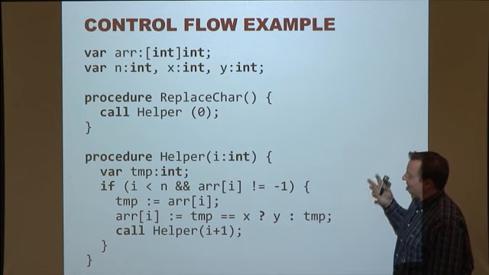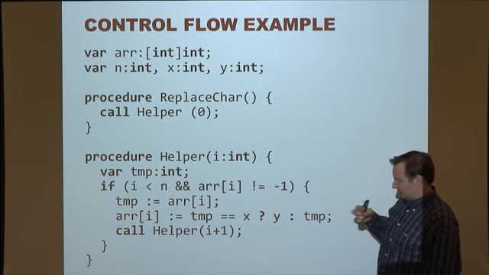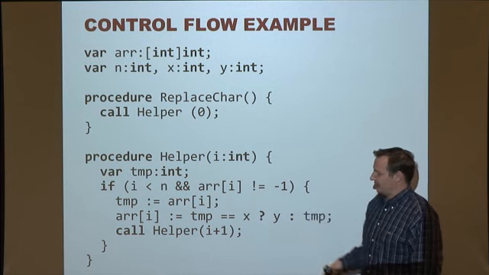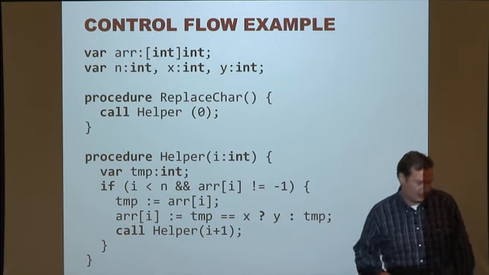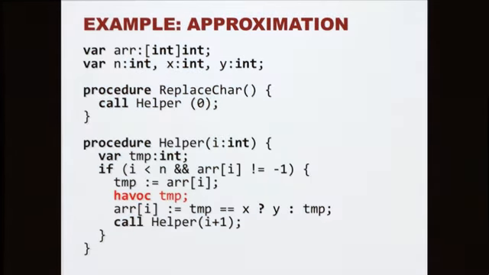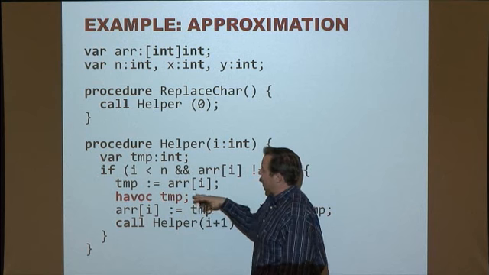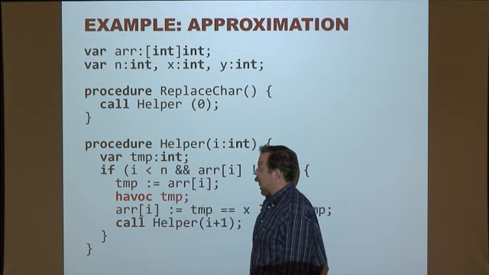We do have to turn everything into tail recursive procedures. You would usually write this using a simple loop, but here we encoded it using recursion. So that's the original version, and the approximation basically scrambles whatever was read from this array.